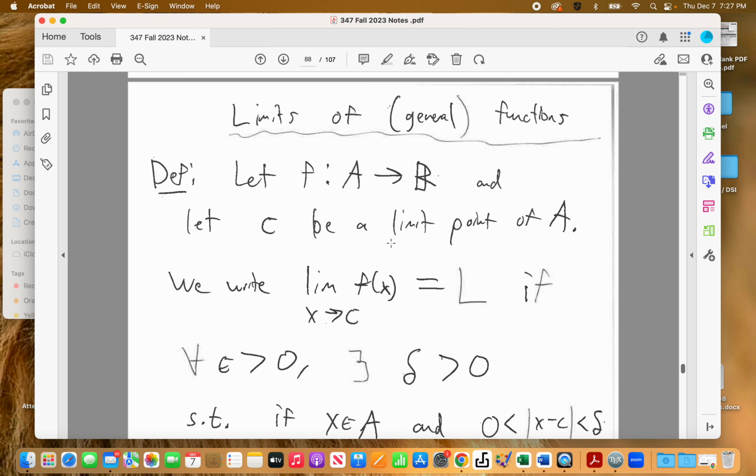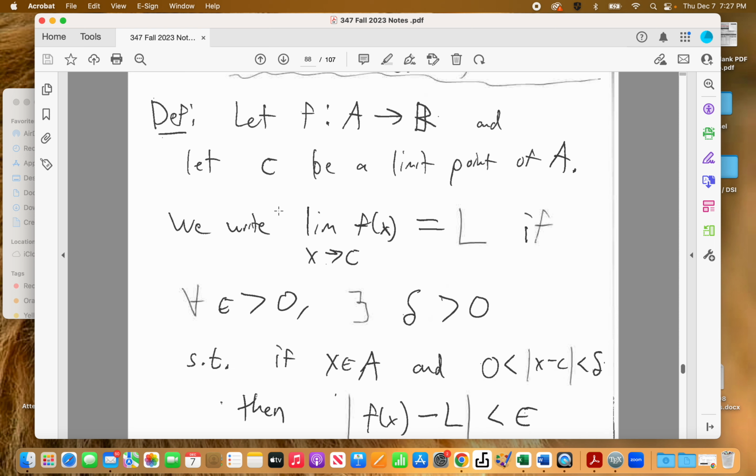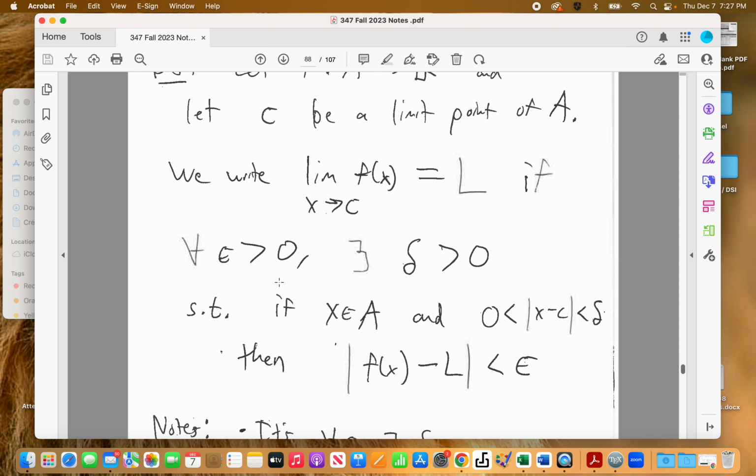So again, limit of a function. It's probably best to try to relate this back to sequences. For every epsilon, there exists capital N. Now we say for every epsilon, there exists delta, right?